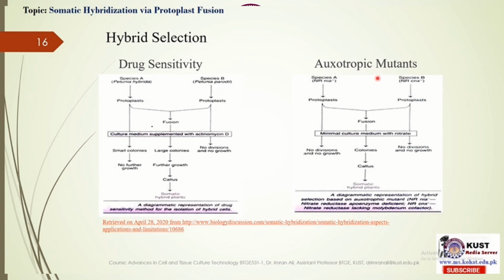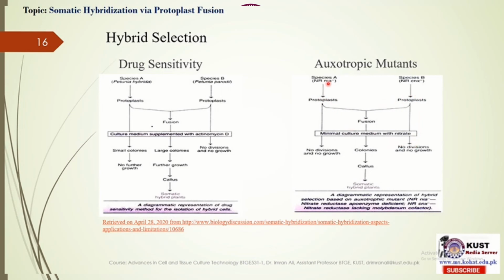Here it is nitrate reductase deficient mutants of tobacco. The parental protoplasts of such species cannot grow with nitrate as a sole source of nitrogen, while the hybrids can grow.